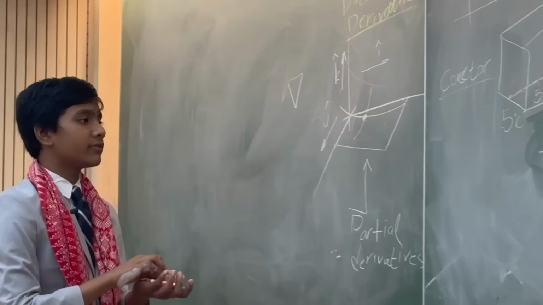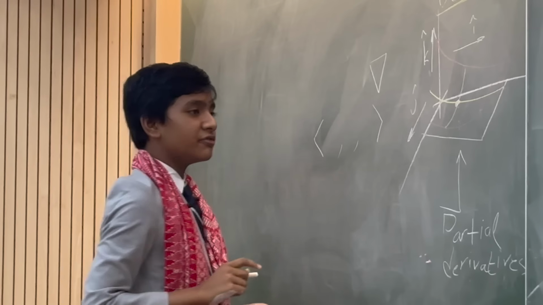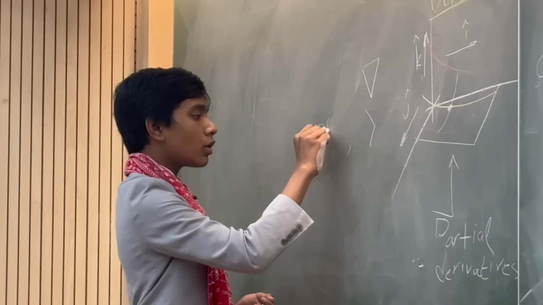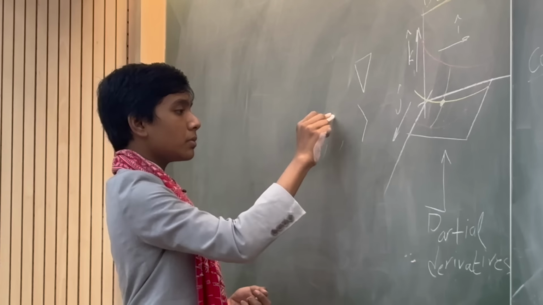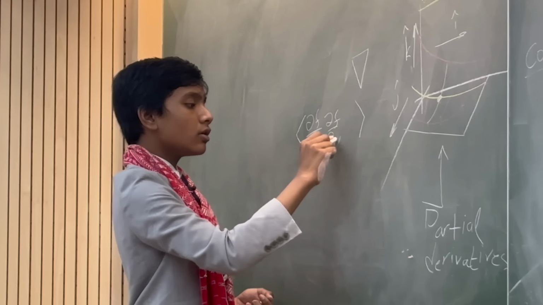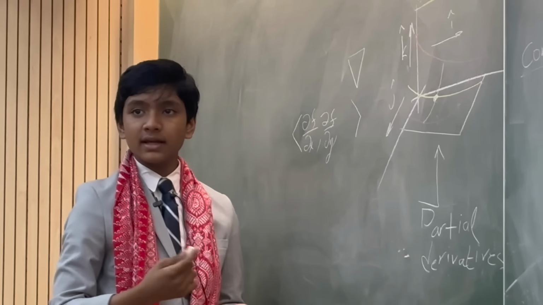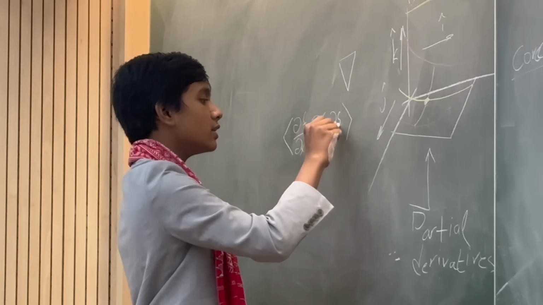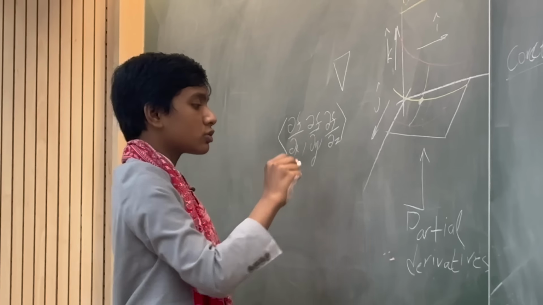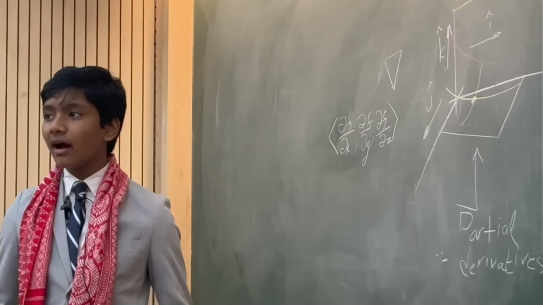What we can do is, of course, express that as a vector. Partial f partial x, partial f partial y for a two-variable function, and if it's a three-variable function, you can also introduce partial f partial z. Now, the point of general relativity is to generalize this to anything we can.